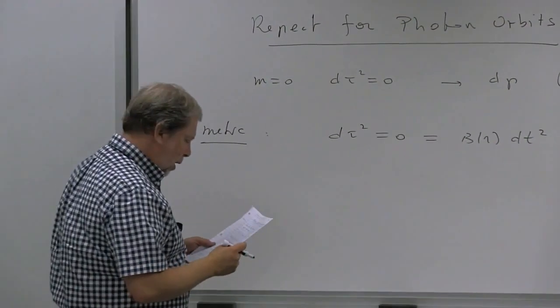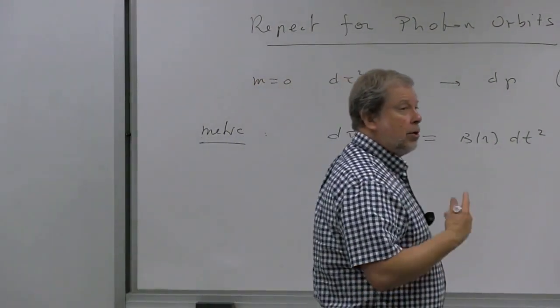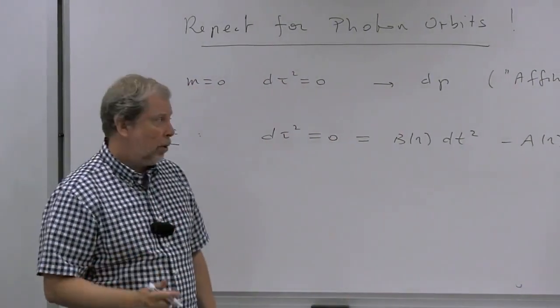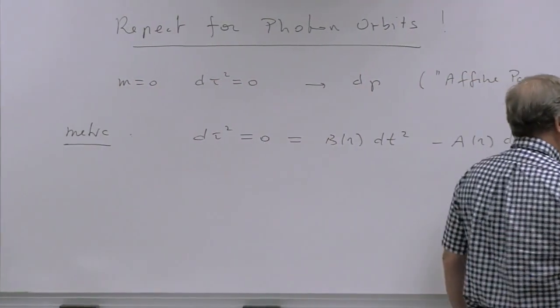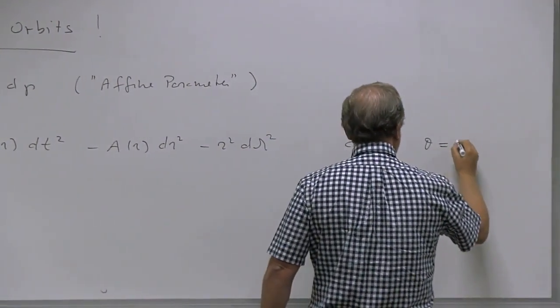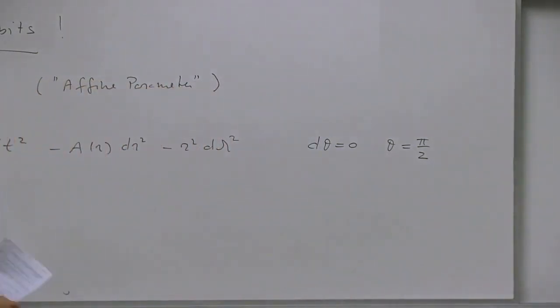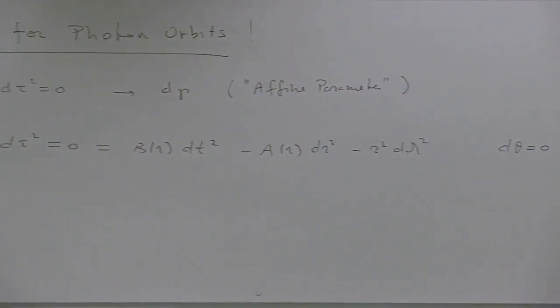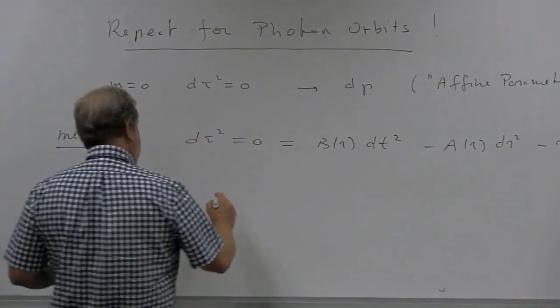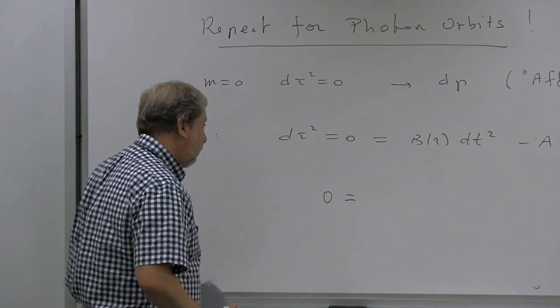And of course, what we can do at this point is first of all, we consider orbits that are equatorial, as we did before. So we consider the case where d theta is equal to 0 and theta is equal to pi over 2. Right? So we restrict ourselves to the equator. And so that means that we now have that 0 is equal to b of r.